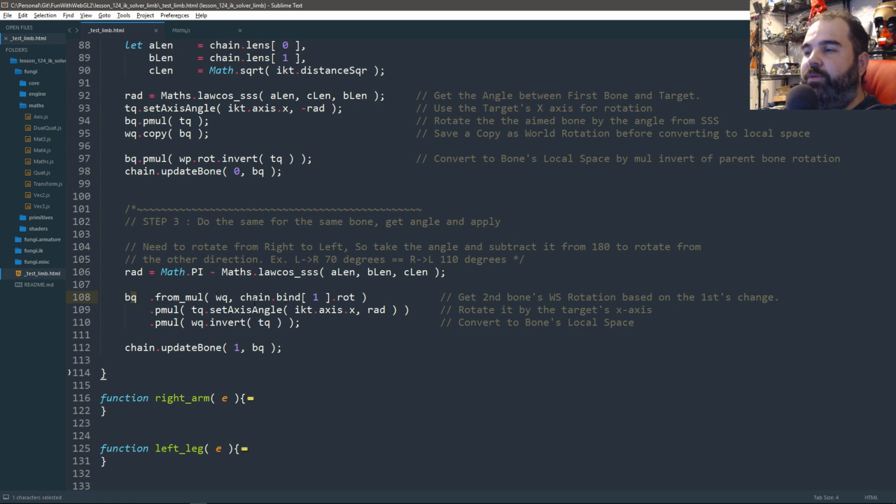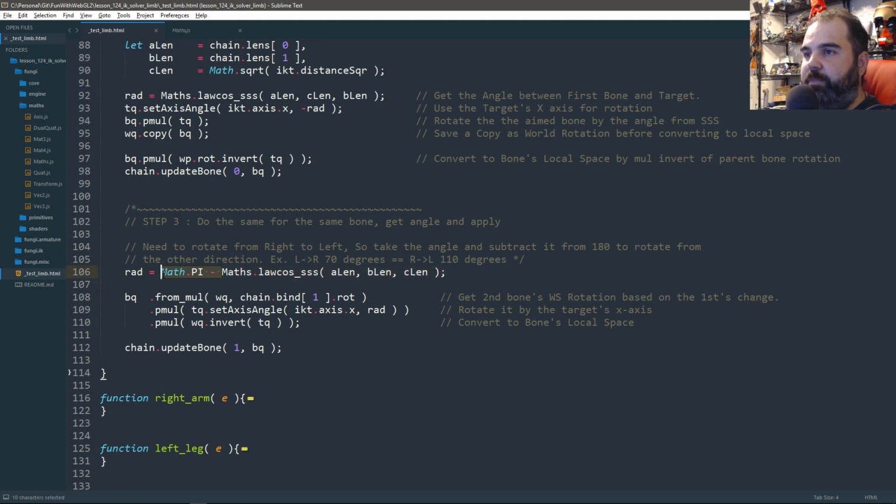So we take the bind pose and we multiply it by our world position from bone 1, the first bone, because remember we made a copy. So essentially from here we're generating the world space location of the second bone, and then we add in the rotation, and then we invert it and we update it. Done and easy. Now the only tricky thing here is this.